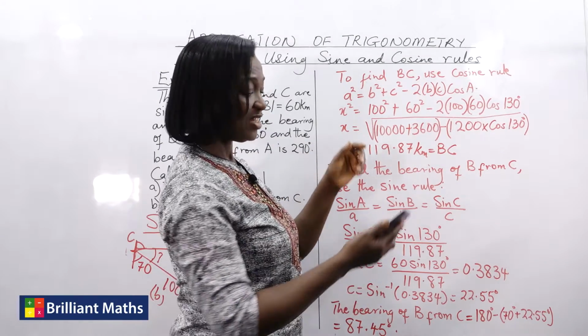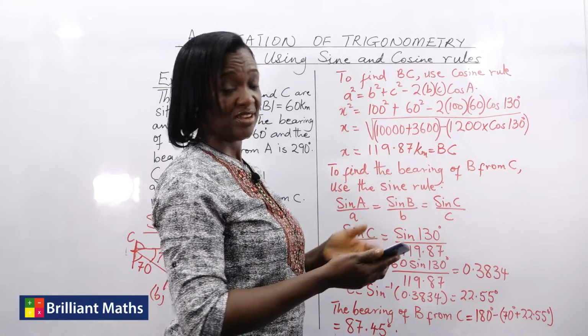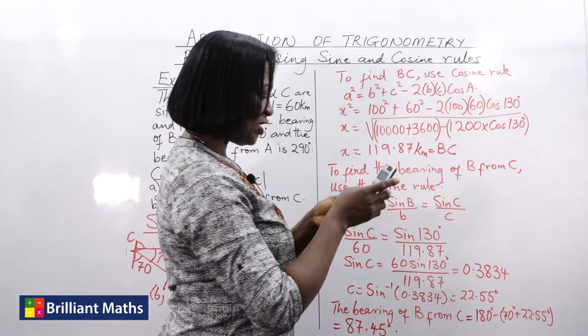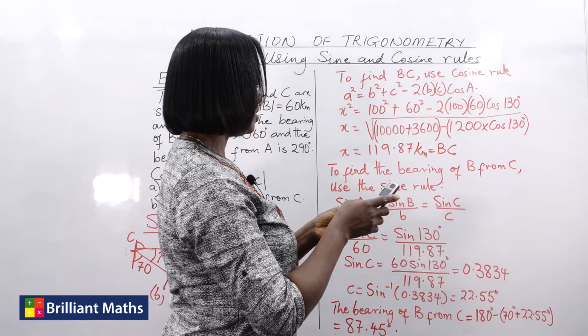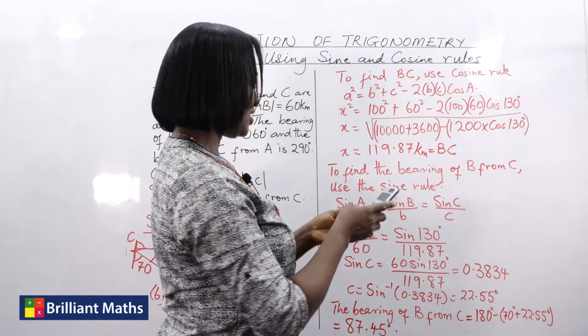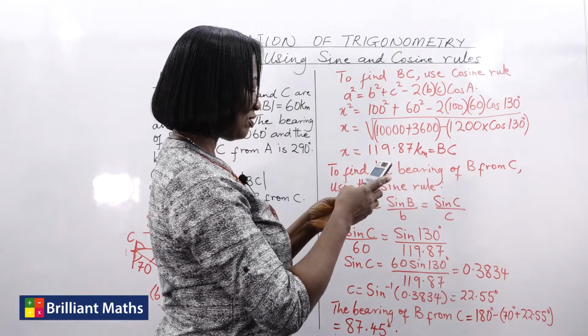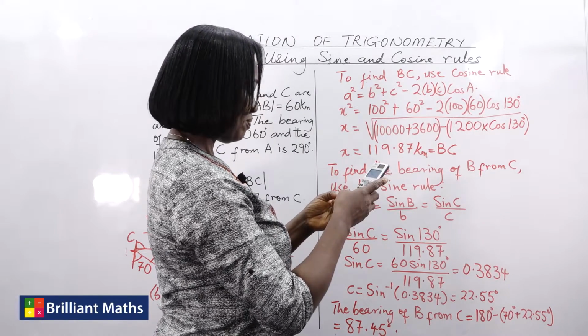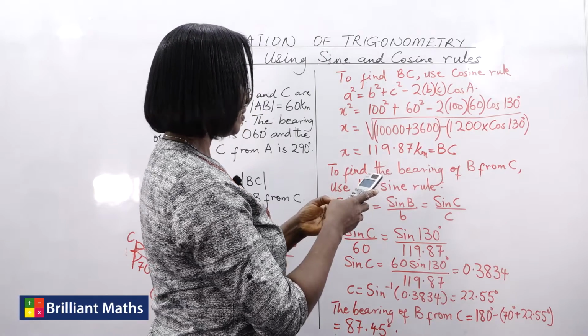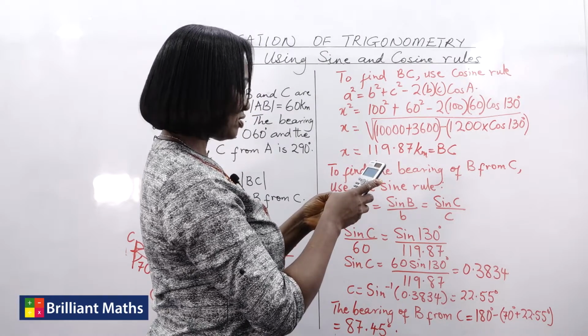So x is the square root. We are punching correctly. So make sure you punch correctly. So we have square root, put a bracket, 10,000 plus 3,600.